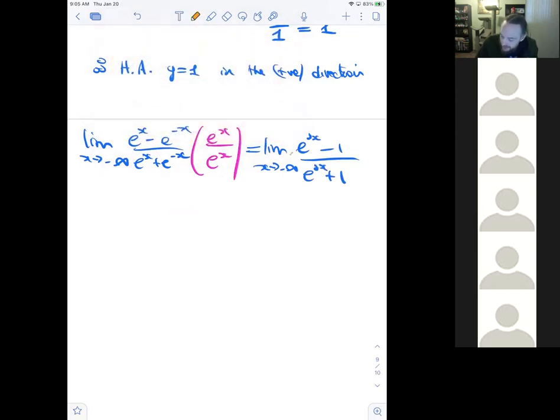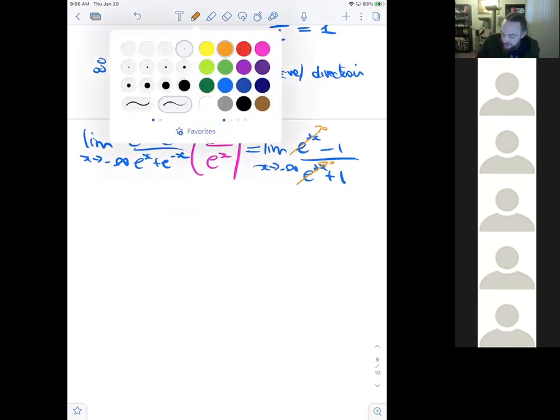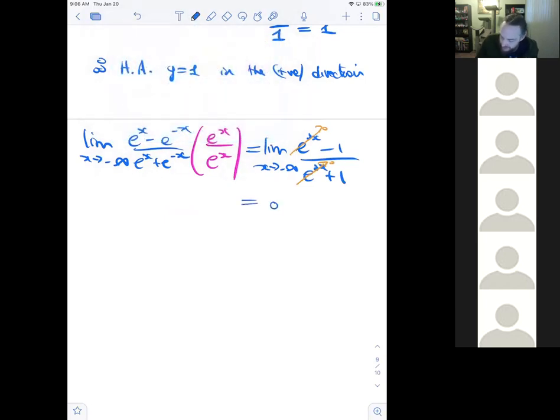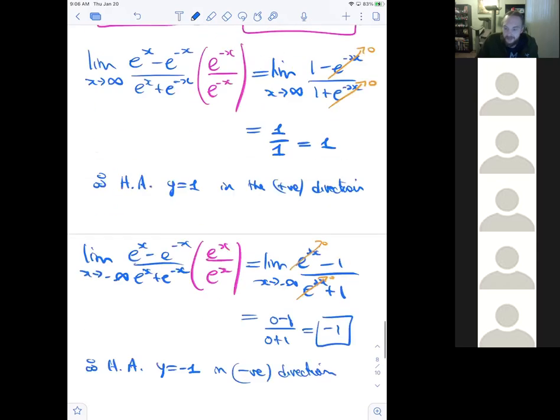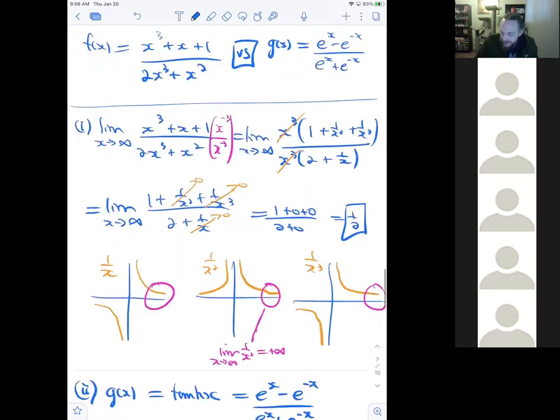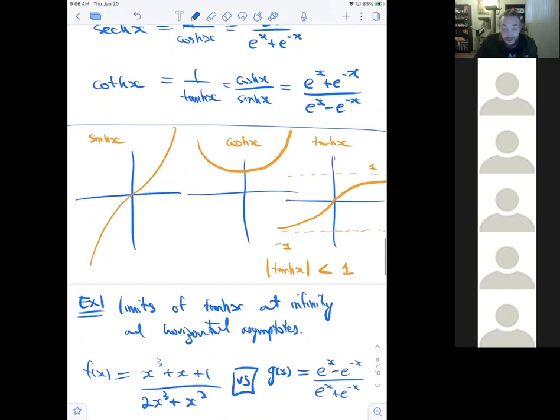And now these are going to go to 0. That gives me 0 minus 1 over 0 plus 1, which is negative 1. There's a horizontal asymptote y equals negative 1 in the negative direction. So that's exactly what we had from the picture originally.